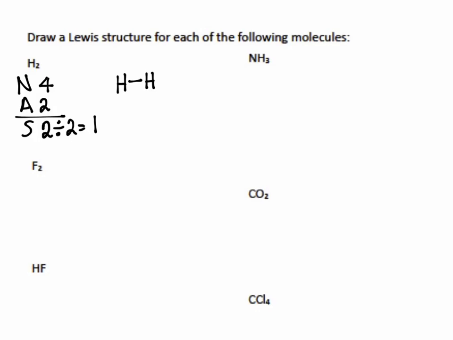So go to fluorine. Needed, available, shared. How many is needed for fluorine to be happy? It's 16. How many are available? 14. So if we subtract that, we get 2. Divide it by 2. That means we have 1 bond. You get 14 from the periodic table, yes. So we draw fluorine and fluorine. There's my 1 bond.